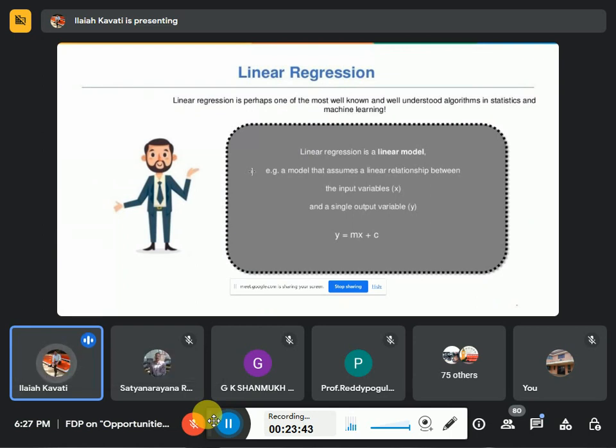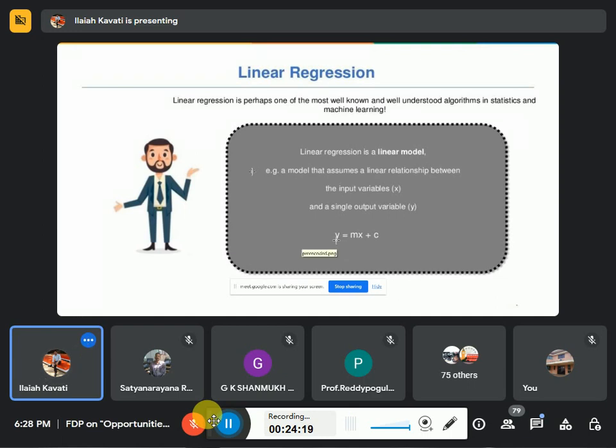You can model this using the simple linear model equation: y equal to mx plus c, where m is the slope and c is the y-intercept. y is the dependent variable, the cost of the house, and x is the independent variable, the size of the house.